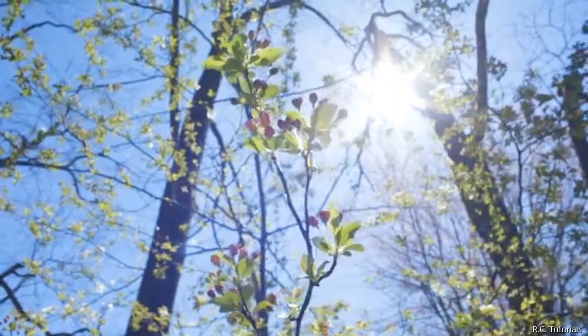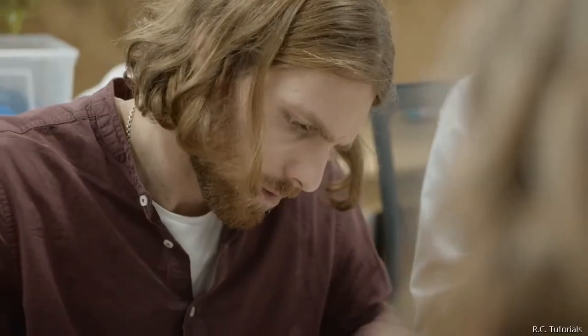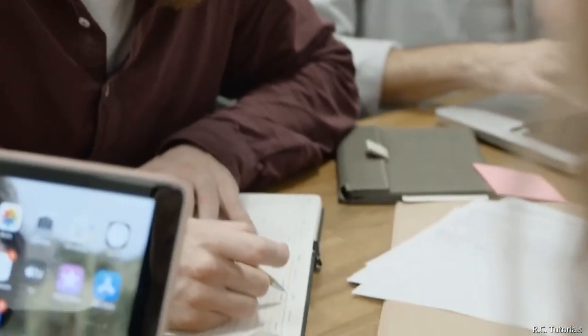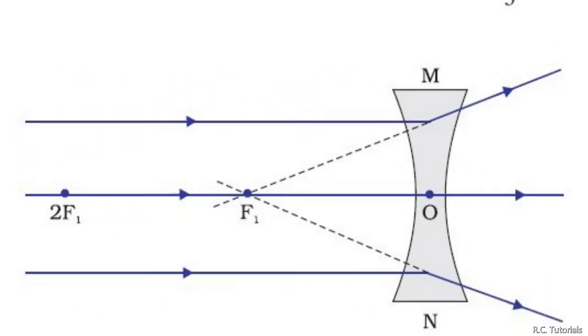The next topic is ray diagram of image formation by concave lens. Number 1. When the object remains at infinity, the rays will come parallel to the principal axis, and after refraction, they will diverge through an angle.